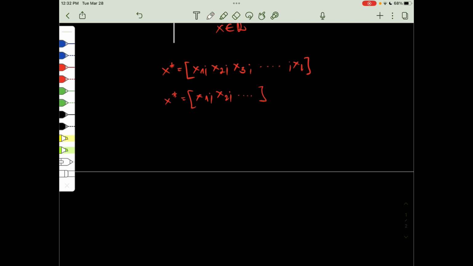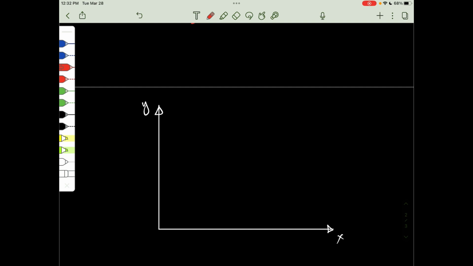Let's have a function. This is going to be really simple. This is a normal function over a domain. So we are defining the domain over which we have a function.